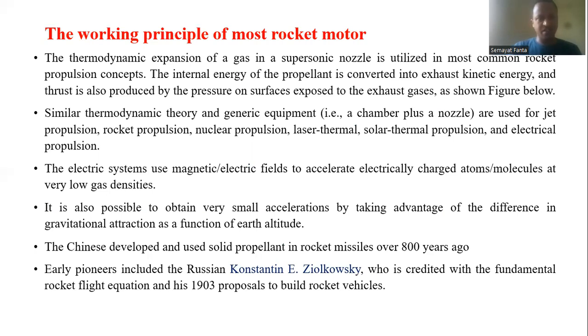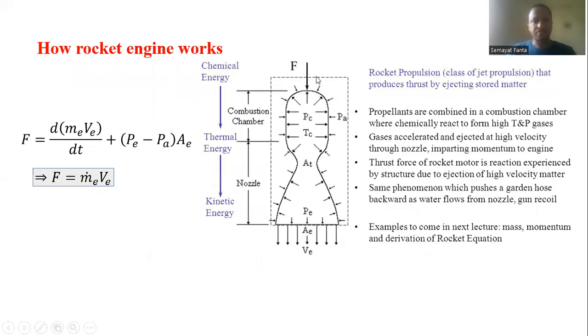So we can see what it is. Look, if we take chemical rockets, we have chemicals. When these chemicals are heated in the combustion chamber, heat is produced, then thermal energy. Then that thermal energy will try to escape through the nozzle, then kinetic energy also.